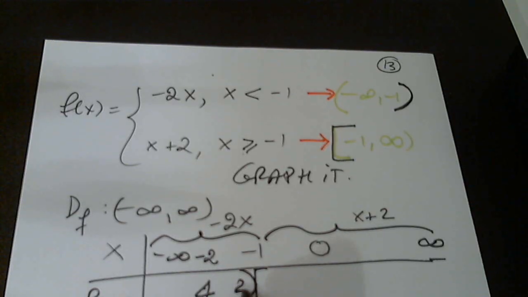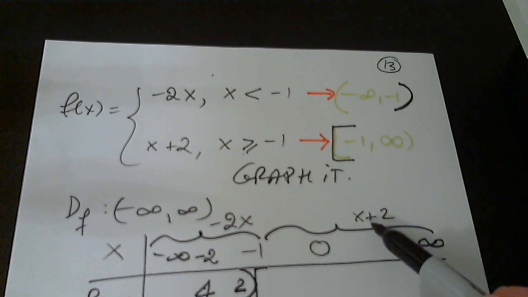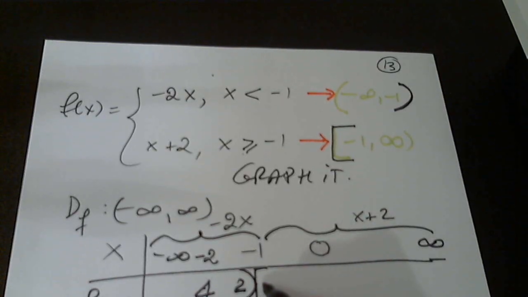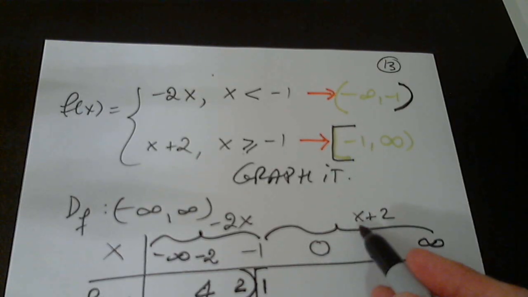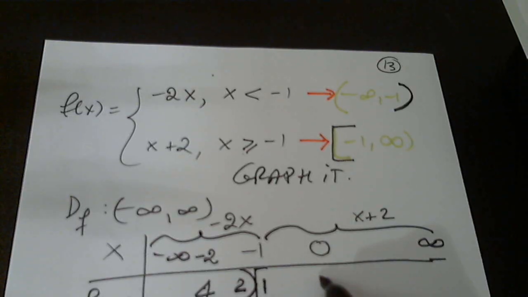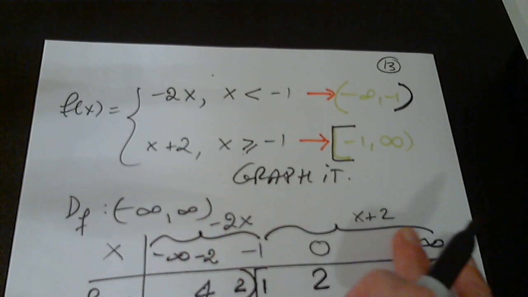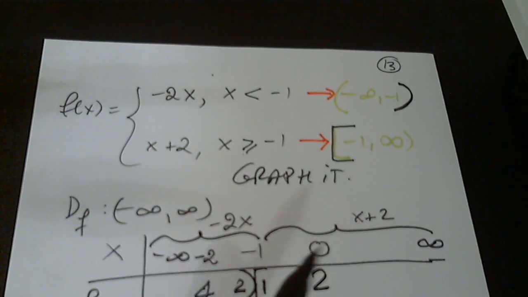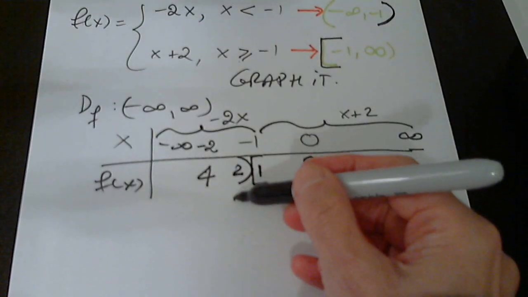Good. Now I plug in -1 here. What do I get? 1. Perfect. And I plug in 0. What do I get? 2. That's all I need. It's a linear function, two points.